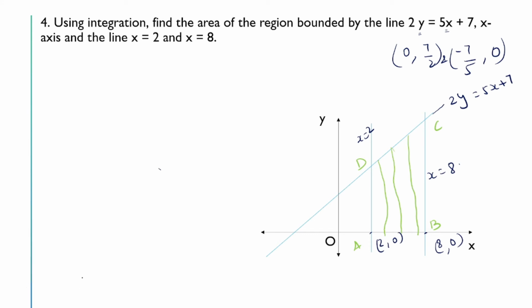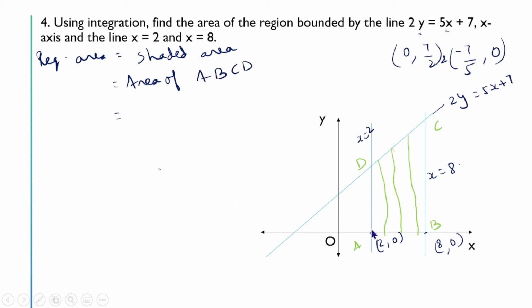Now we can find the required area. So required area is equal to shaded area, or it is equal to area of the trapezium ABCD. So this area we can find very easily. It is integral 2 to 8 y curve dx.